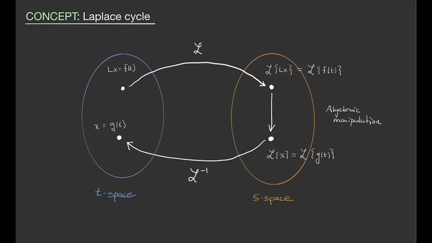It would be nice if we could go from here to here, but that's not always possible. So this is a technique where we sort of work around indirectly in this cycle and end up with our solution. It may seem roundabout, but it allows us to solve differential equations that we might not be able to otherwise. So let's first talk about what a linear differential operator is.